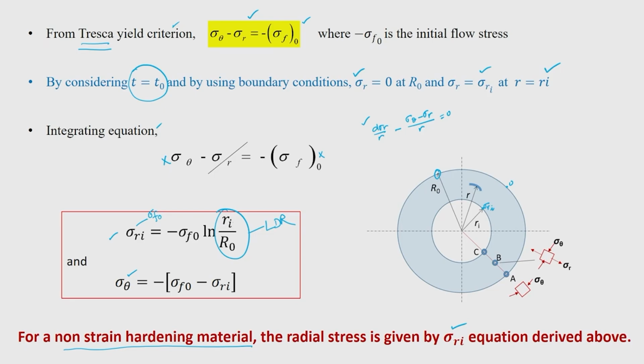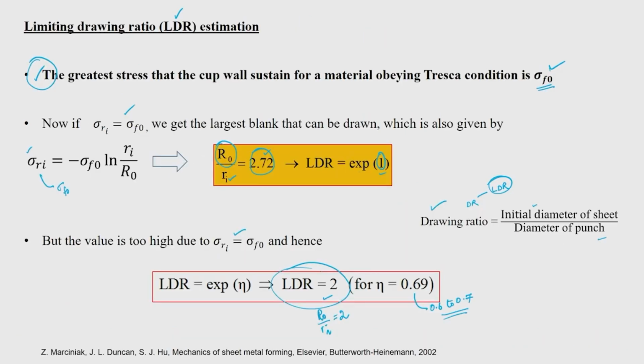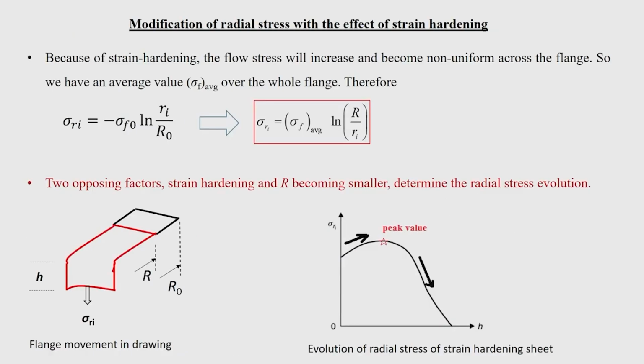If you put a condition that sigma R is equal to sigma F naught, then you will get a limiting draw ratio of 2.72, an extreme case. Anything less than that would be better. So if you take an eta of 0.7 or 0.6, in between values, you may get an LDR of the order of 2. This is the simplest way to calculate your limiting draw ratio.